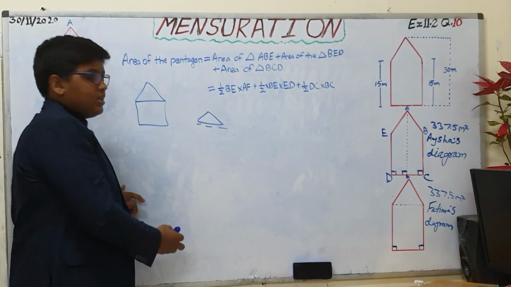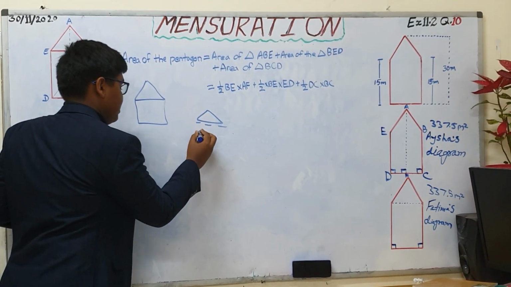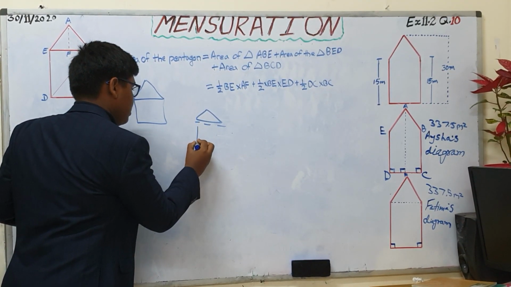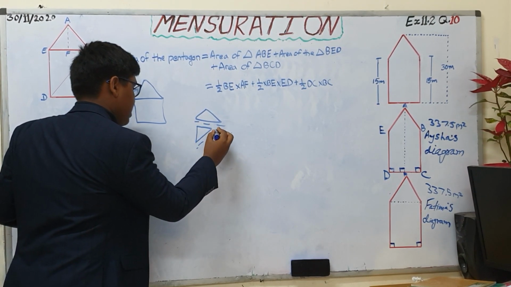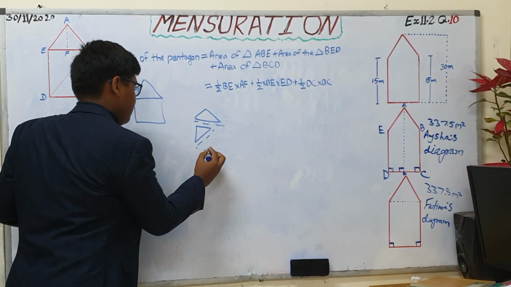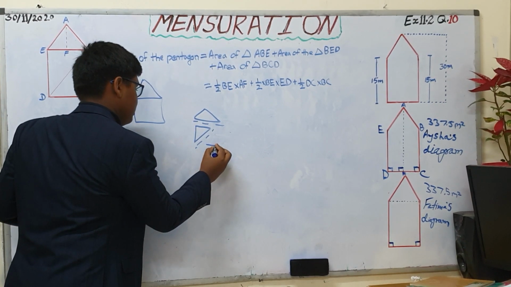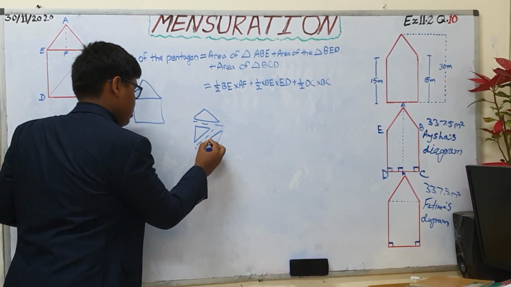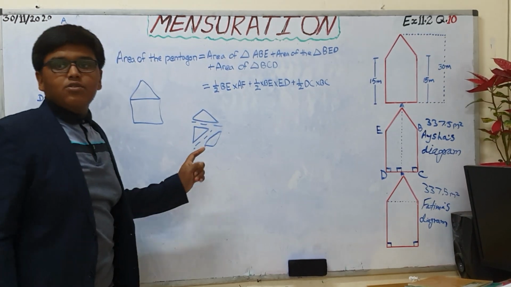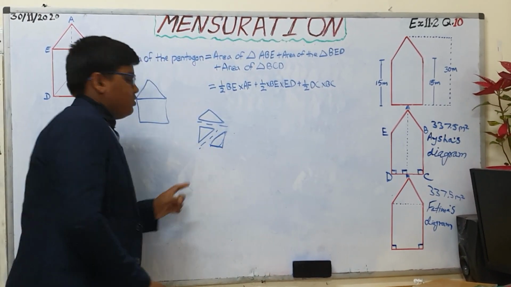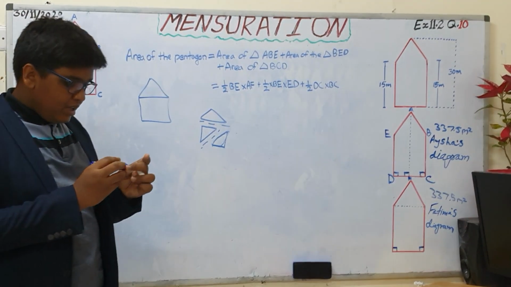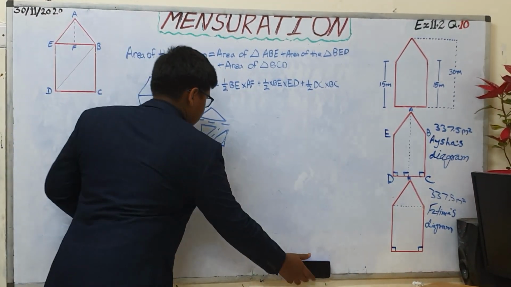Then this square we transposed into half. Now this will become like this, and then there will be a little bit of gap. Then again this will become like this. So this is how this will be separated. Now this is also a triangle. Now there are three triangles in this diagram.